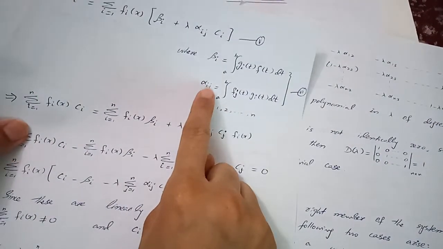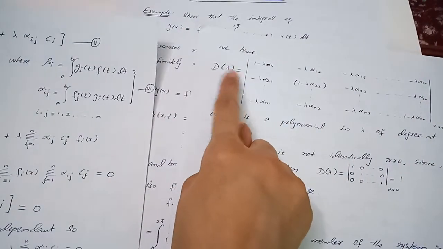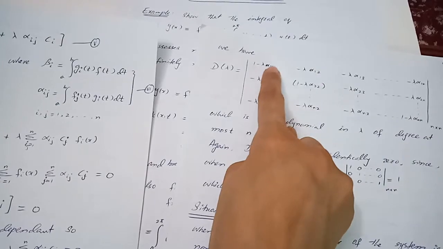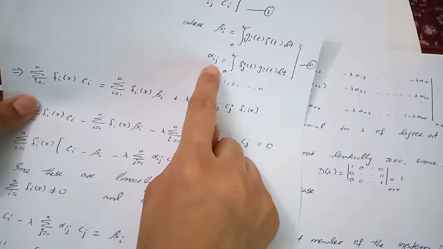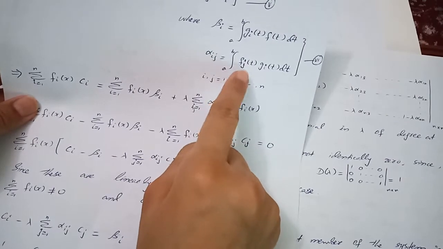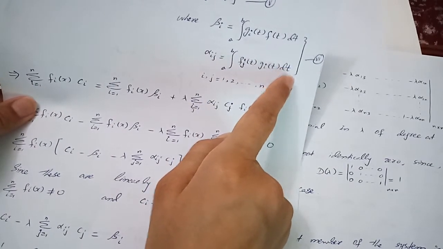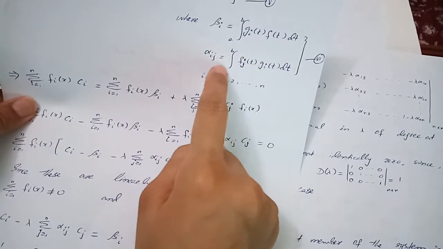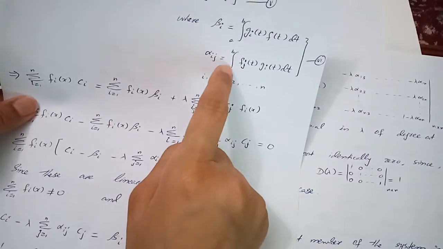We know that to write d of lambda, we need our alphas. For alpha, you know that alpha i j is the integral of f j of t, g i of t dt, or you can also write it f i of t, g j of t. It's up to you. So we need here alpha 1 1, alpha 1 2, alpha 2 1, alpha 2 2.